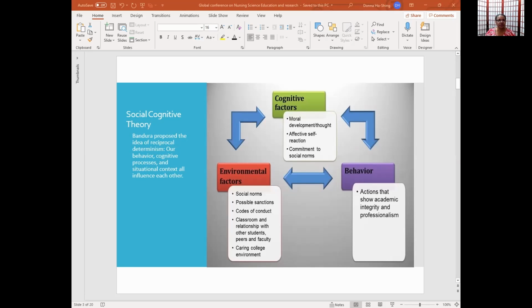A lot of people use the social cognitive theory in terms of learning. He has some factors listed in his theory: cognitive factors, behavior, and environmental factors.